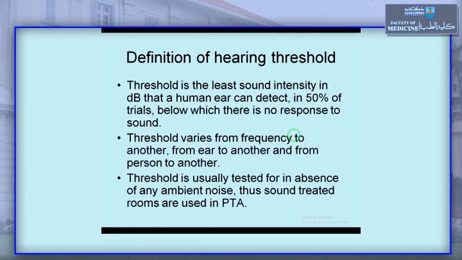Threshold is usually tested in the absence of any ambient noise. Thus, sound-treated rooms are used in pure tone audiometry. I have to put a patient in a sound-treated room in order to prevent the ambient noise from interfering with our measurements.